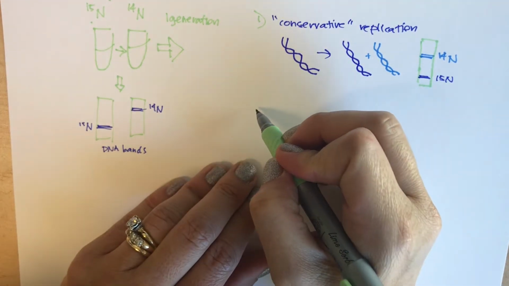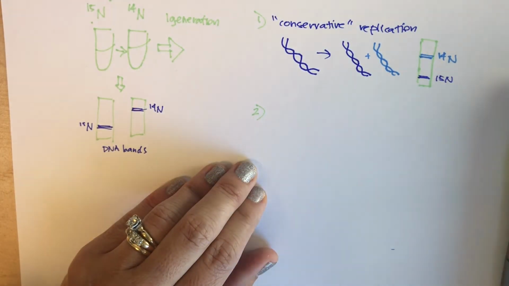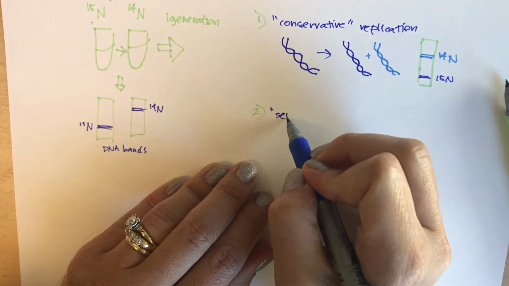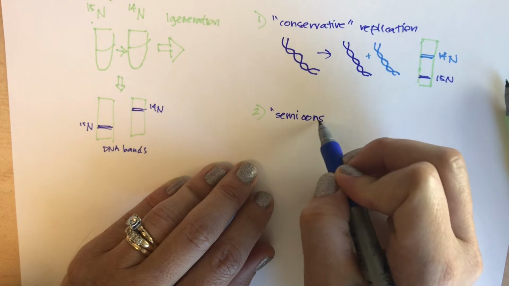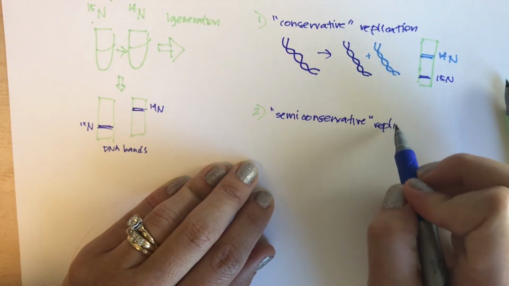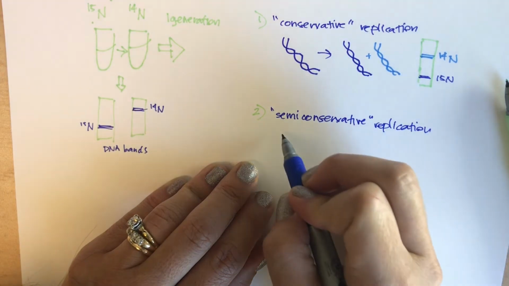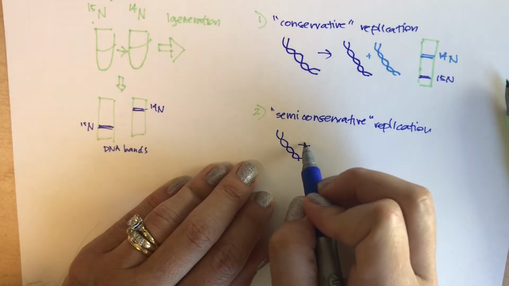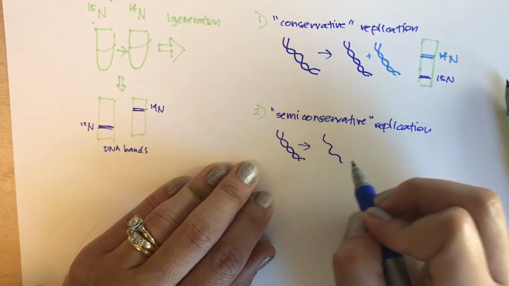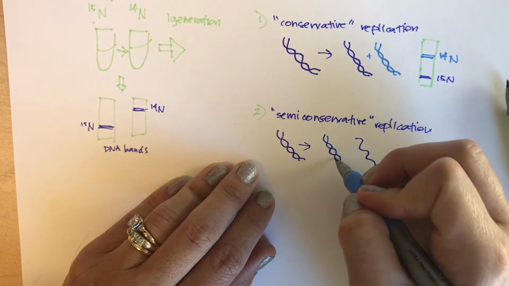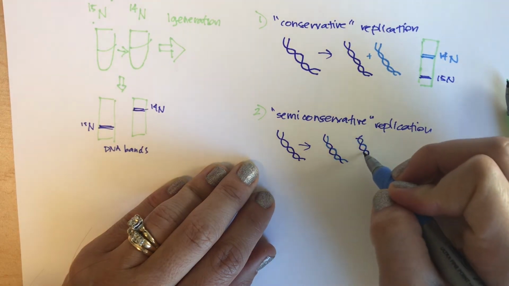The other possibility would be semi-conservative replication, and we all know that this is actually the way that it works. In semi-conservative replication, the parental strand of DNA splits in 2, and each of the 2 strands is going to serve as a template for daughter strand synthesis.